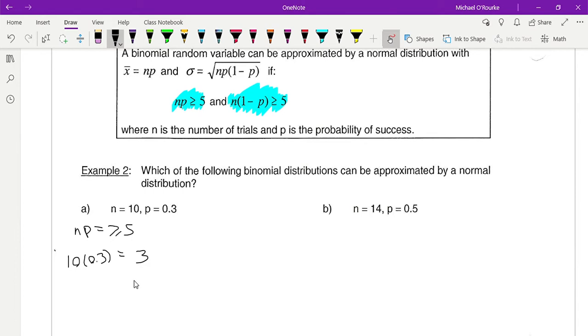So no. Do I need to do the second calculation? No. So since 3 is less than 5, therefore.